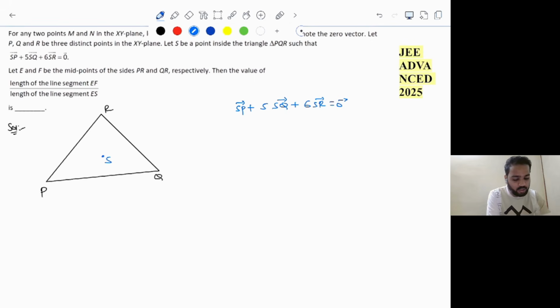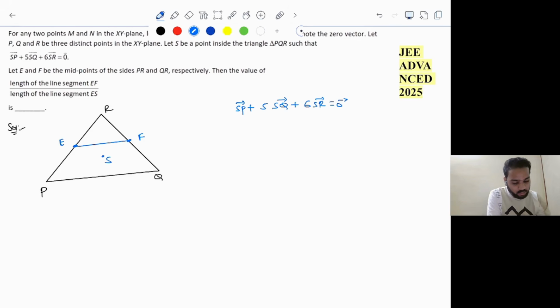Let E and F be the midpoints of sides PR and QR. So E is the midpoint of PR. So let's put the point E here, and then F is the midpoint of QR. Okay. And then clearly we can join this E and F here like this.